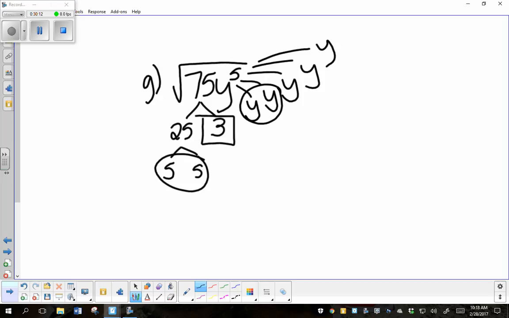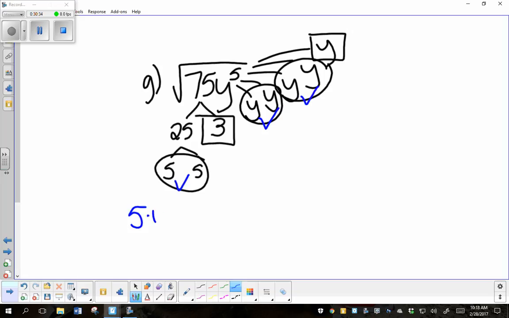Pair, pair, stay. So you're looking for pairs. So on this one, outside, a 5, a y, and another y get to come on the outside.